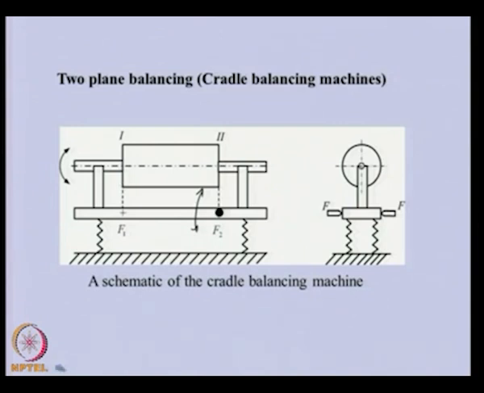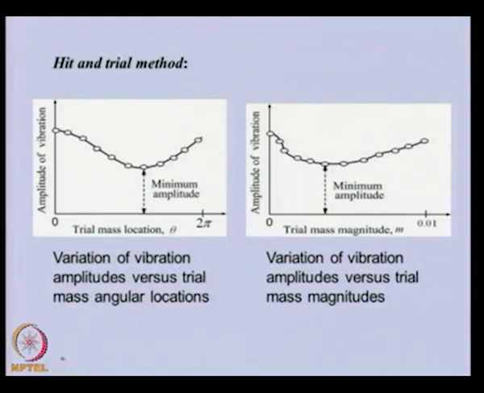Now, let us see how we can balance the rotor. So, if we have a fulcrum, let us say at one of the points, F1, and we want to obtain the correction mass at F2, this is a hit and trial method we are following. We will keep some trial mass in plane 2 at some orientation.